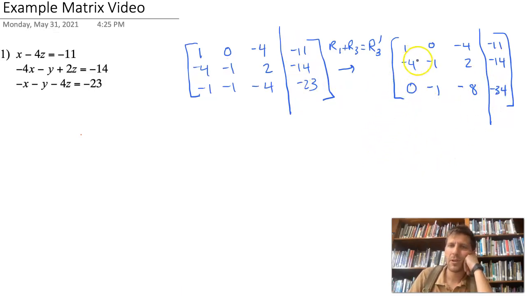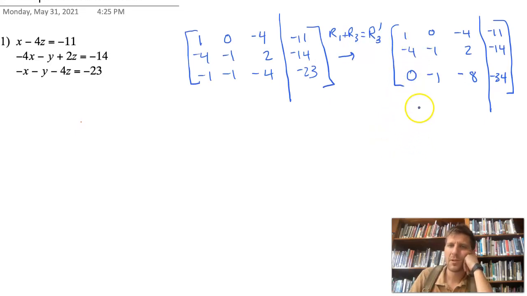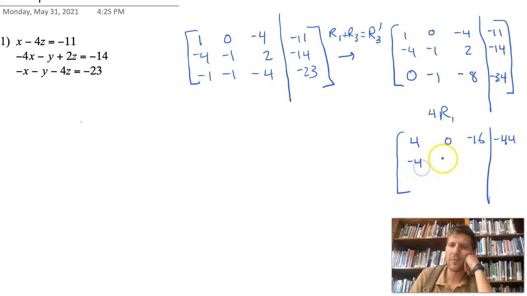Okay, now what I'm looking to do next is get this to be a 0, so I have my two zeros lined up. So actually I think what I'd like to do is 4 times row 1. It's going to set up a nice cancellation, because now I have that 4 with that negative 4 lined up.